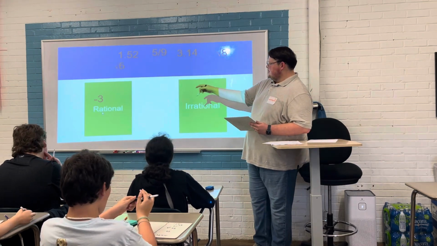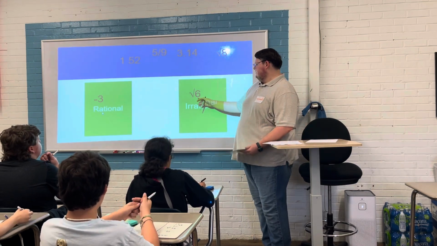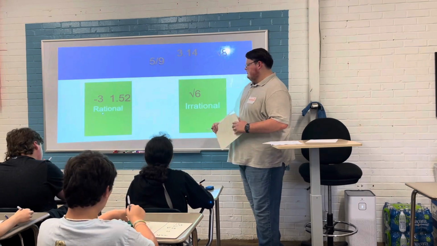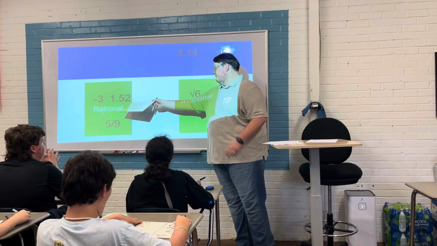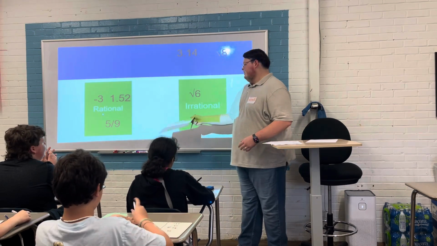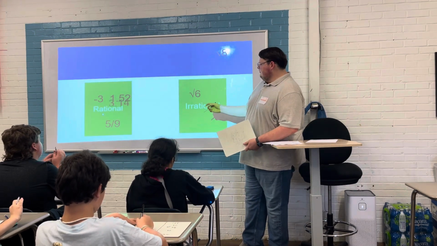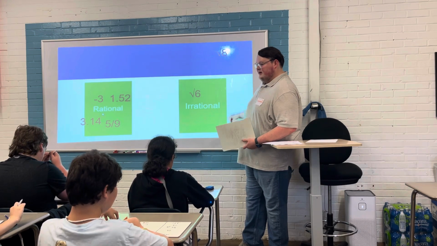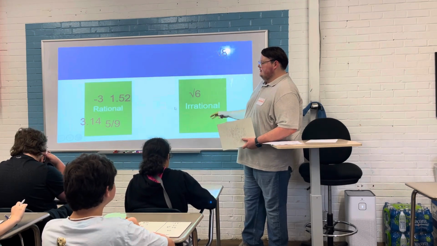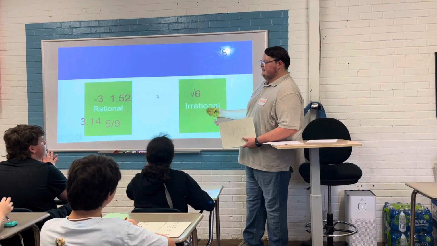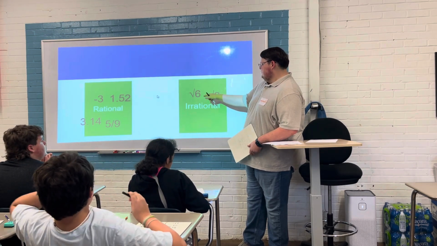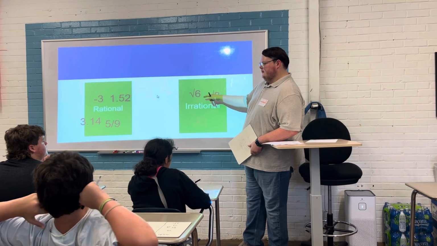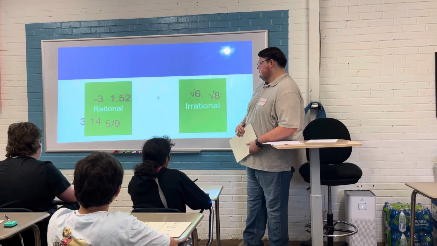Okay, so we see where all the numbers go. Like square root of 6, it goes to irrational. That's just a plain old-fashioned decimal. They don't have no repeating, so it's rational. 3.14, that's what pi is. But if it isn't in the symbol pi, it's just the numbers, it would be rational because it ends after 4 and doesn't carry on forever. Then the 2 square roots, if you put them in a calculator, you get a big old long decimal. That's why those are irrational.